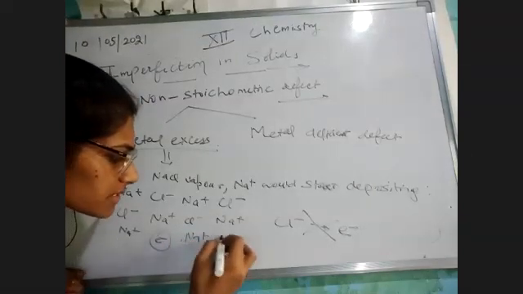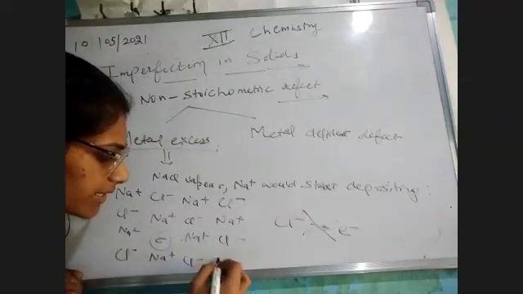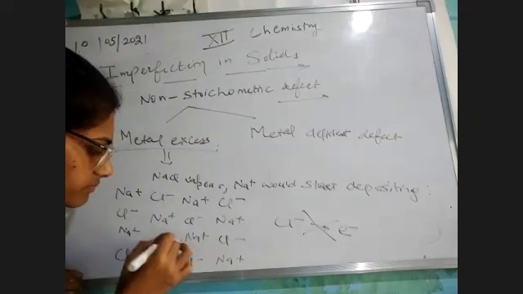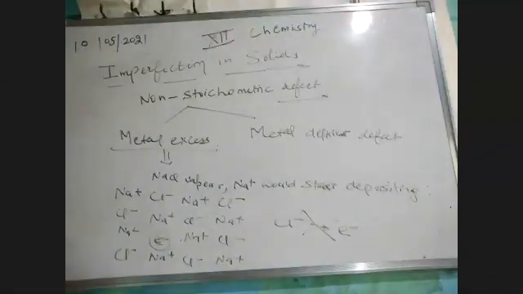Na positive, Cl negative, Cl negative, Na positive, Cl negative, Na positive. So due to the presence of this electron, the Na positive is present over there in excess, in extra form.